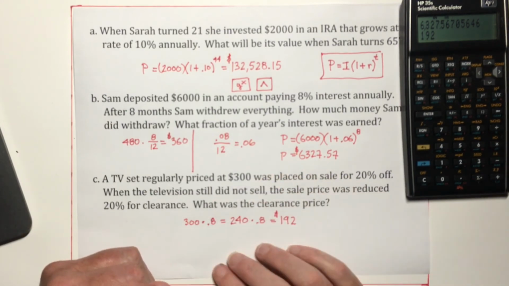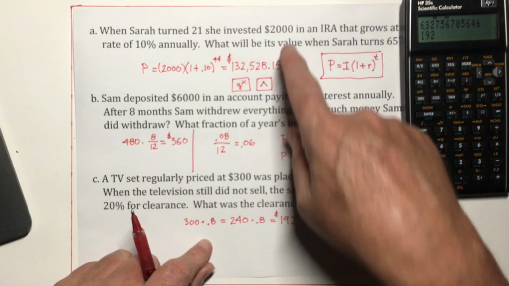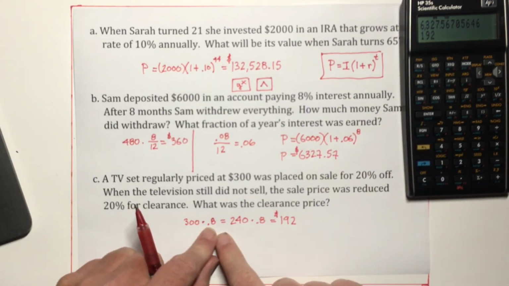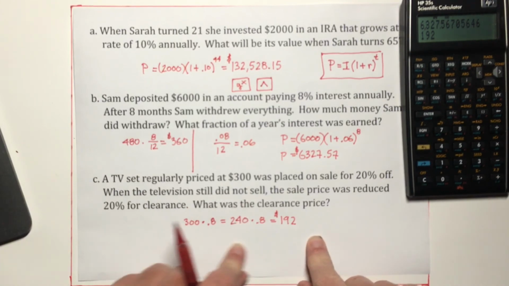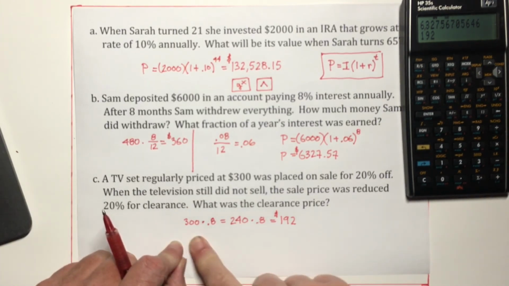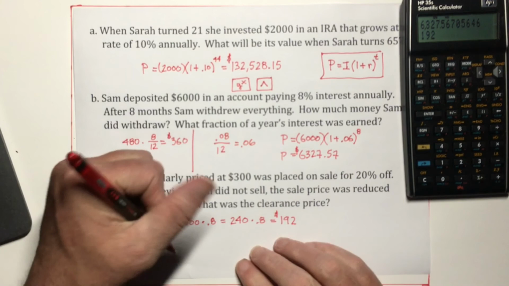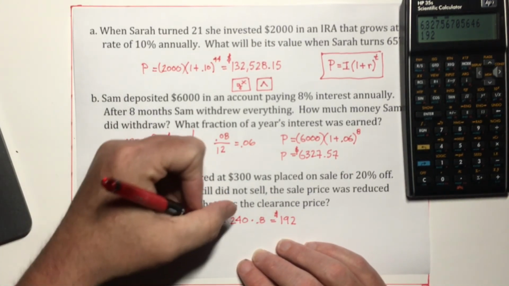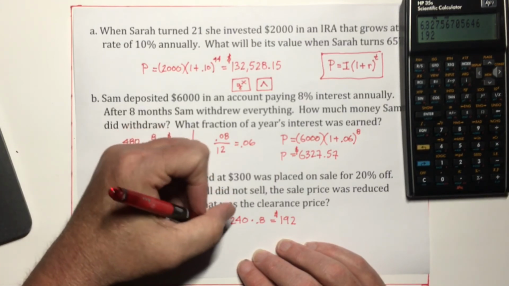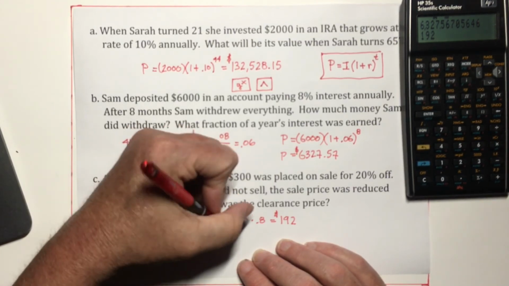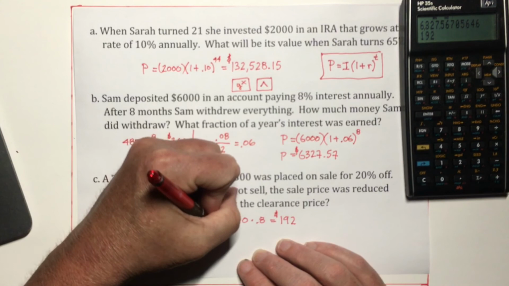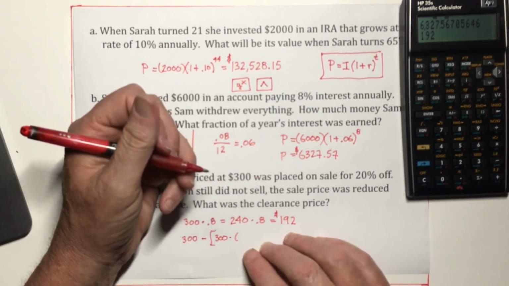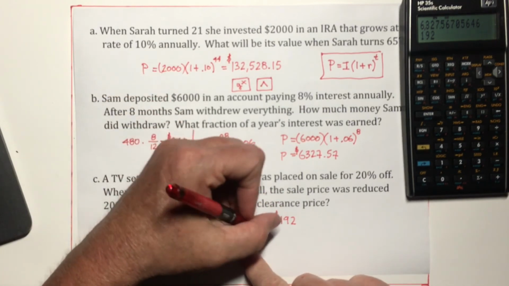There's several ways you could set this up. Again, like these up here, we're only reducing it twice, so it's just easy to figure it out and get the answer. But we could have done this just in one step if you wish. I could have taken the original price, which is $300, and I'm going to subtract from that the sale price times the 80% value.